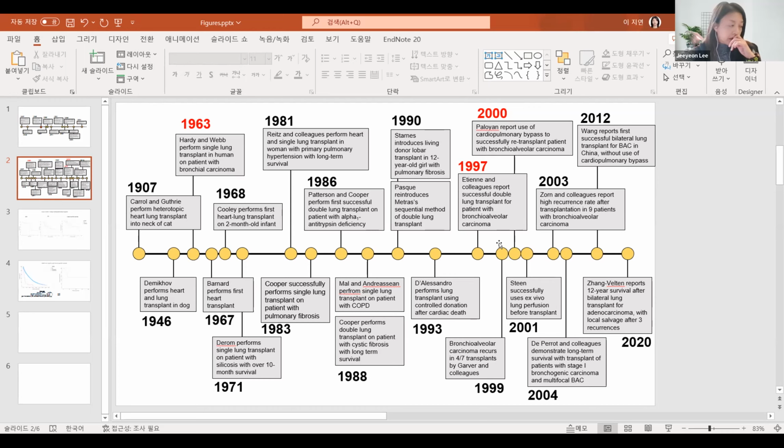I mean, I don't want this to be China's first case doing it in the whole world. For 12 years, when they did double lung transplants, everyone used cardiopulmonary bypass, but it was sequential. Those were all sequential, but they used bypass.